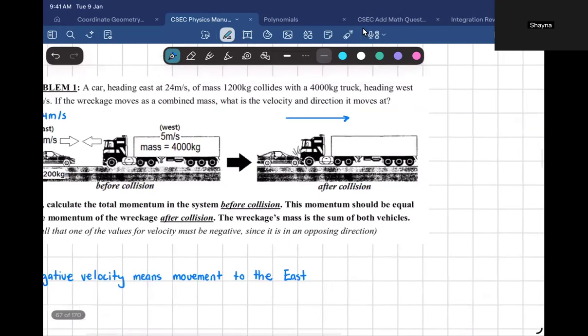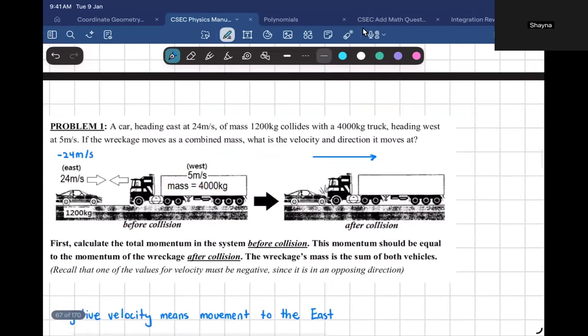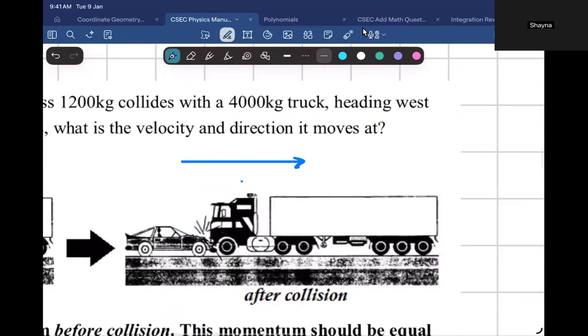And what would the combined mass be if they're moving as one object? It's one body. What would the combined mass be? The 4,000 plus the 1,200 kg. Right, so that'll be 5,200 kg.